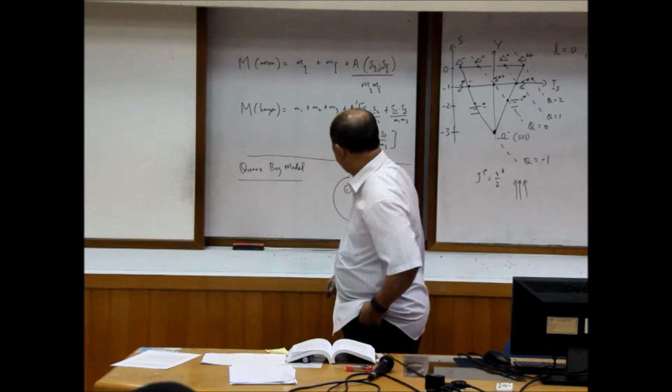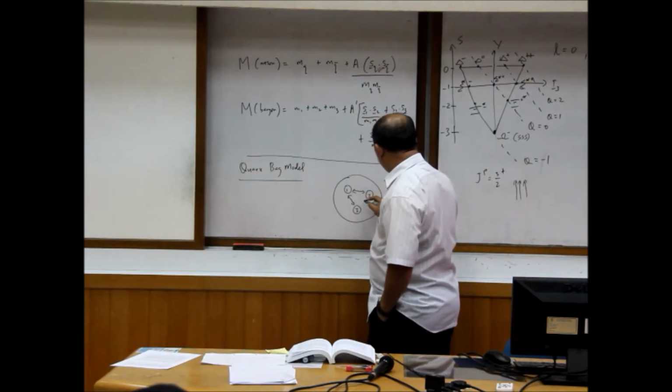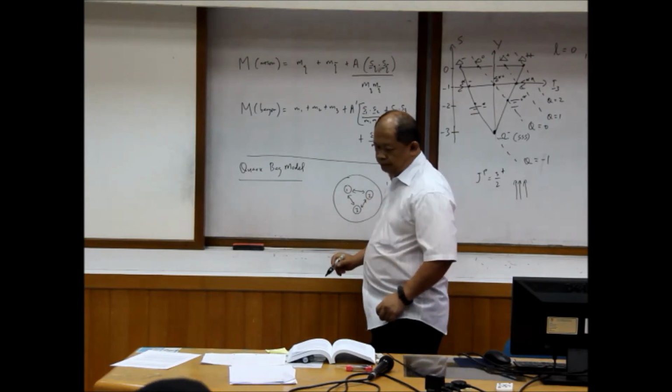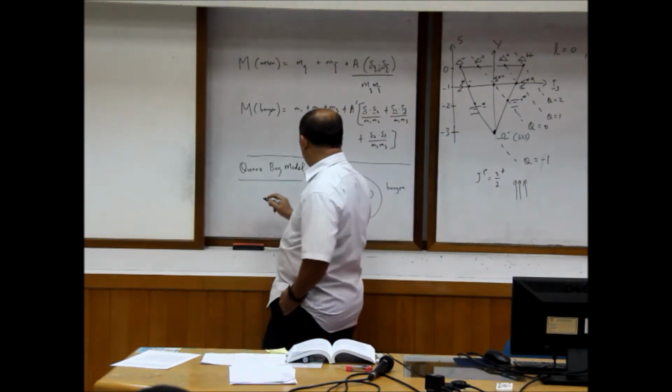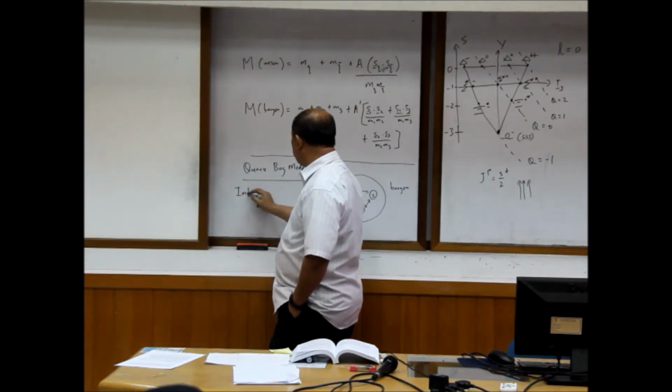So how do they interact between them? It's a 2 or 3 body problem. Very simple. The interactions are controlled by some potential.